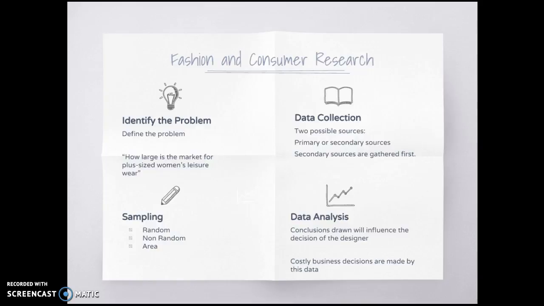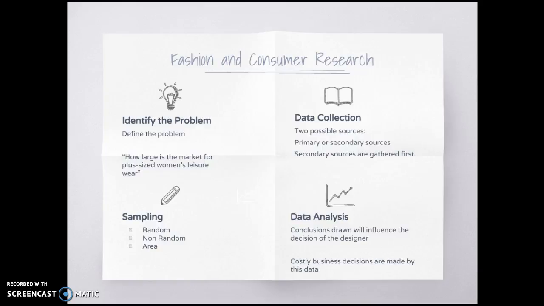You might get something from StatsCan or other government agencies. You might get information from trade associations. In Canada, we have the Canadian Apparel Association that collects data. And we might get secondary sources from periodicals or journals. So there's a Canadian trade publication called Style, and there's an American trade publication called Women's Wear Daily.